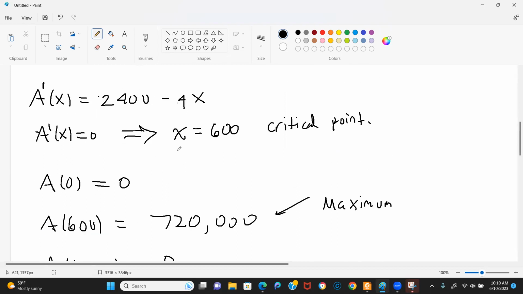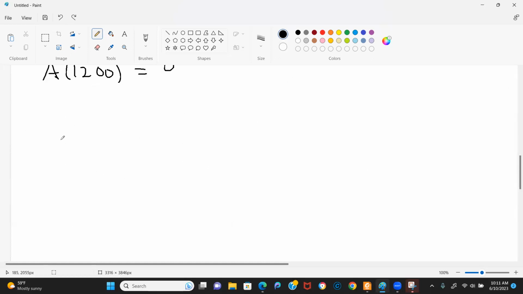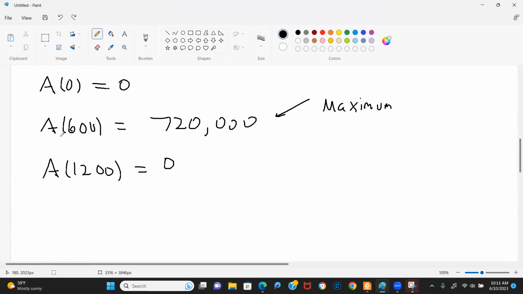So now we know the side length x for which you have a maximum area on this interval. And then we can solve for y. What we know is that y is equal to 2400 minus 2x, but in this case, x is 600. And if you do this calculation, you get 1200.